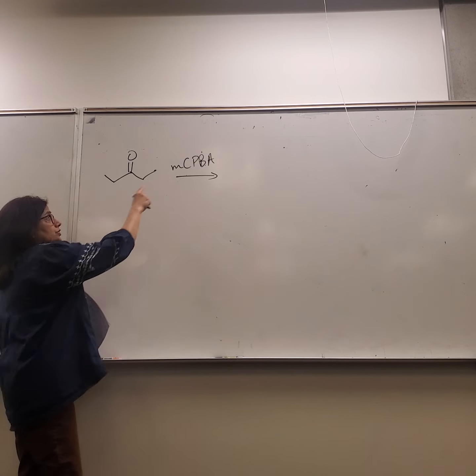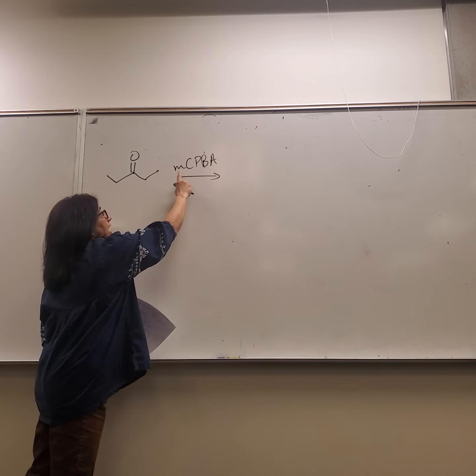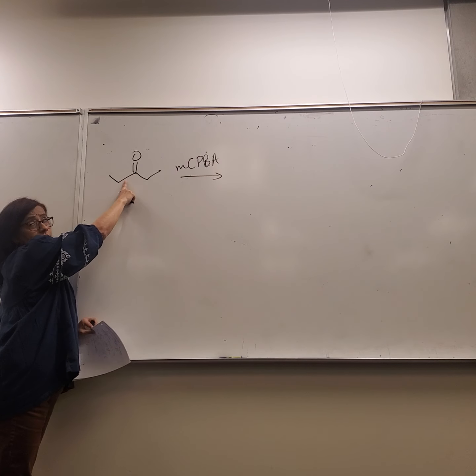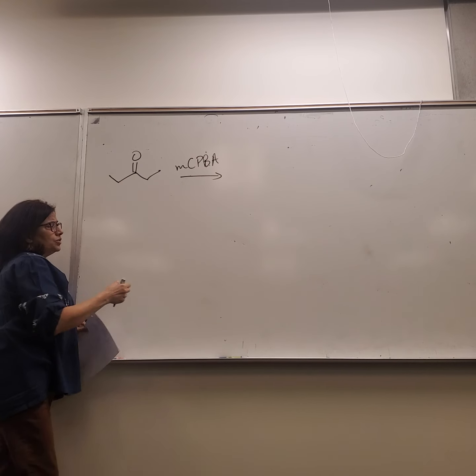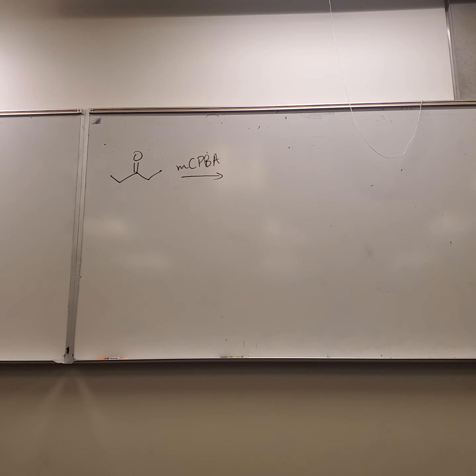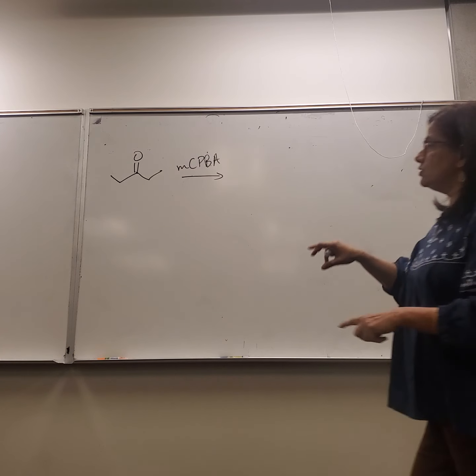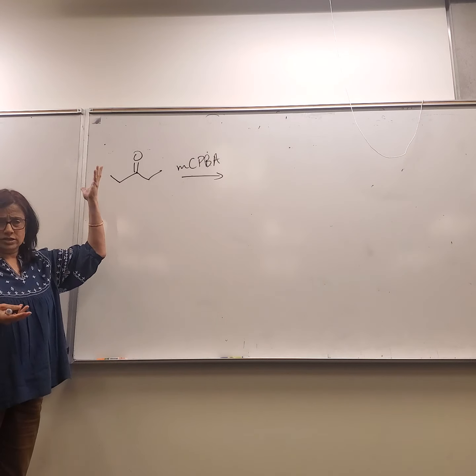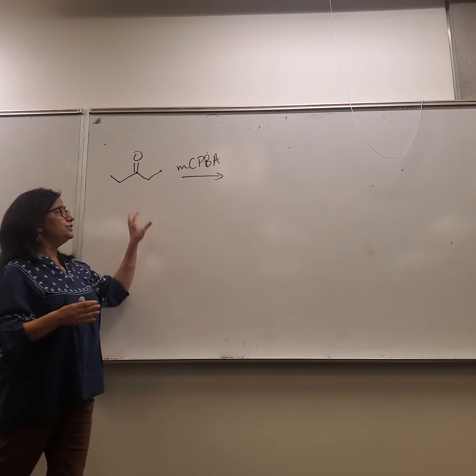One oxygen from the oxidizing agent inserts itself into one of those bonds. So what would that become? If an oxygen atom inserts itself into one of these C-C bonds, either here or there, because it's symmetrical, it doesn't matter, what would the ketone become?